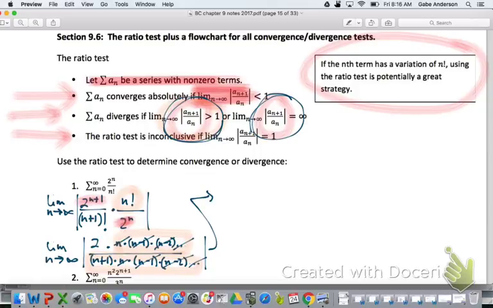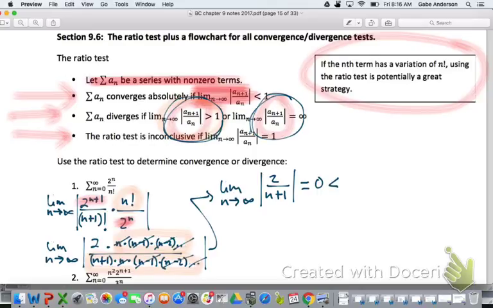Okay, so we're ready to finish this. We'd say limit as n goes to infinity of 2 over n plus 1. Now we can make a judgment on this. It equals what? 0. Cool. And what is so important about 0 here? It's less than 1.